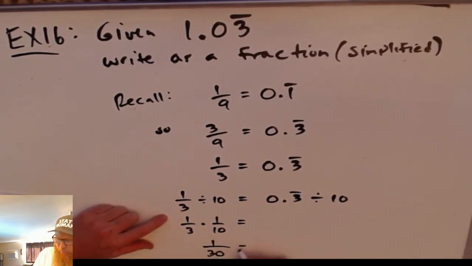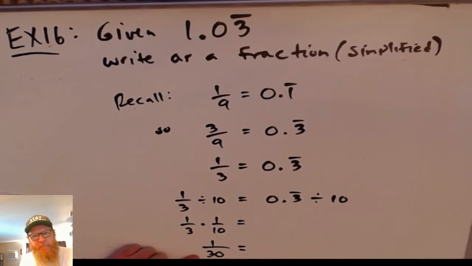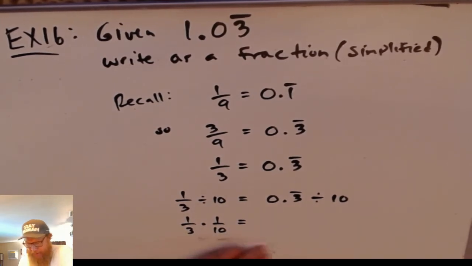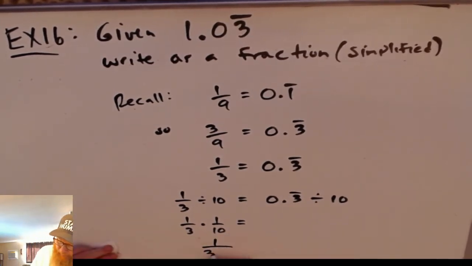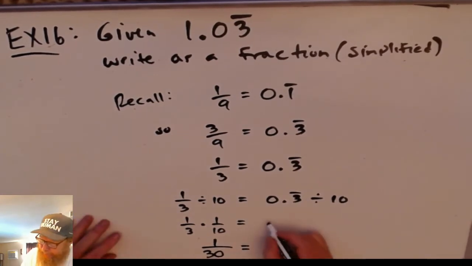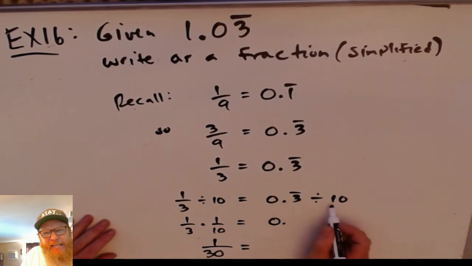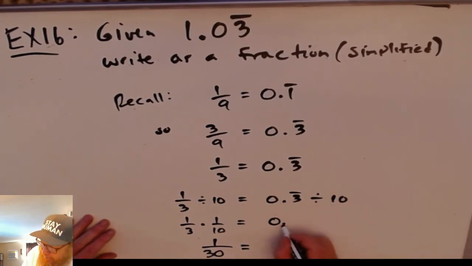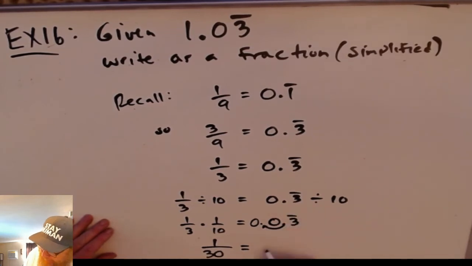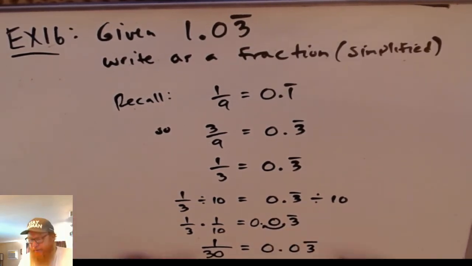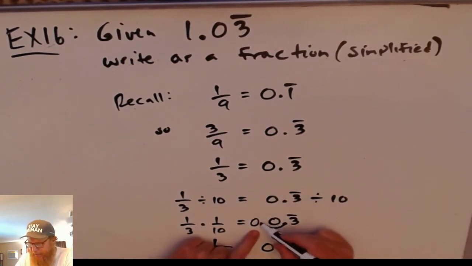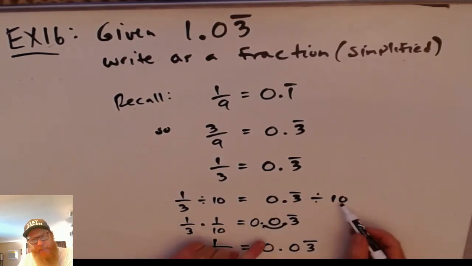So that's going to be 1 over 30. And when you divide a decimal by 10, you move the decimal one place to the left.